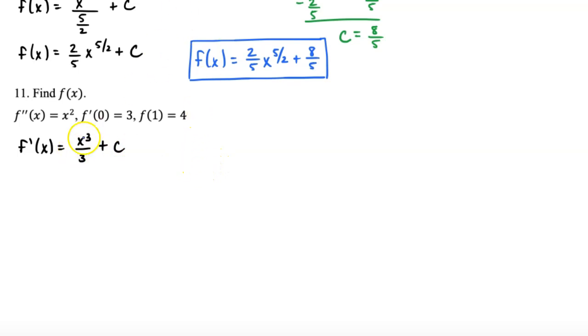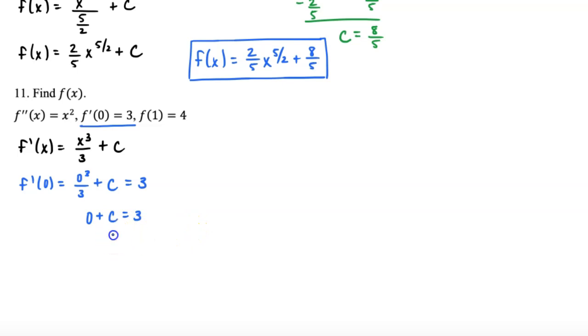So now for my first initial condition, f prime of 0 is equal to 3. So I can find f prime of 0. This is going to be 0 cubed over 3 plus c, and I have that this must be equal to 3. All right, so let's solve this equation. 0 cubed over 3 is 0, and I have 0 plus c equals 3.